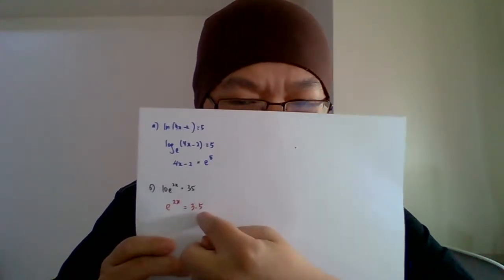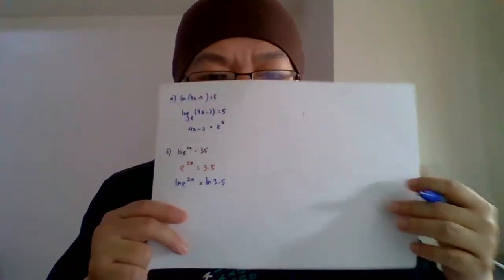Put ln here, put ln here. So when we have ln e, ln and then the letter e, the answer is 1. You must remember that. It's similar to log a of a is 1. So I put ln e to the power 2x equals ln 3.5.